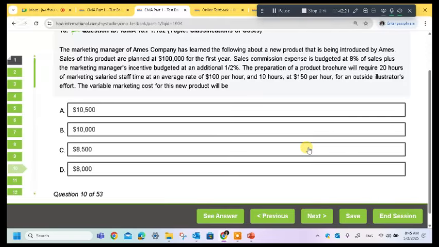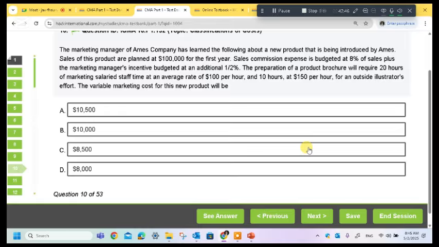The marketing manager of Ames company has learned the following about a new product that is being introduced by Ames. Sales of this product that are planned are $100,000 for the first year. Sales commission expenses are budgeted at 8% of sales, plus the marketing manager's incentive budgeted at an additional 0.5%.